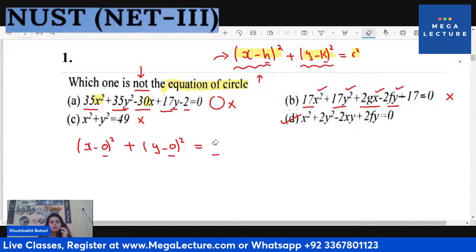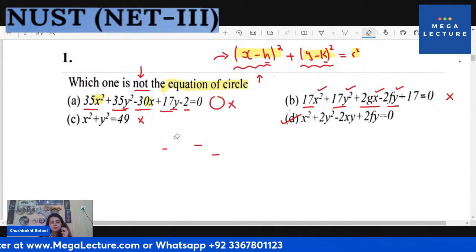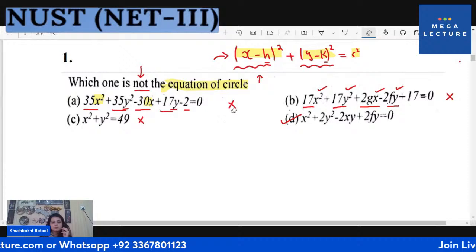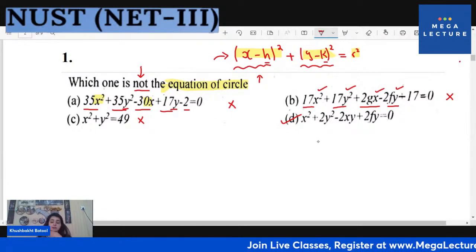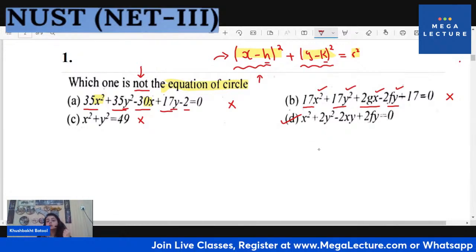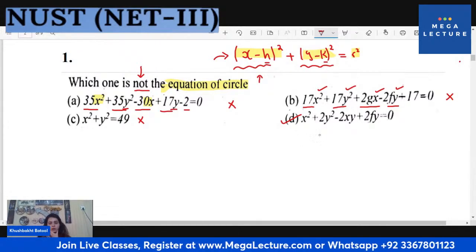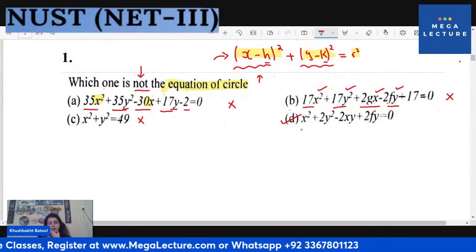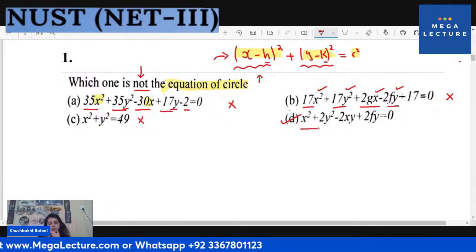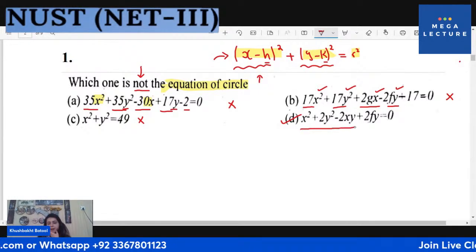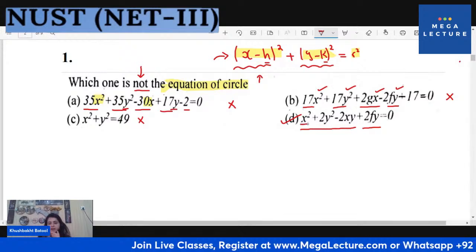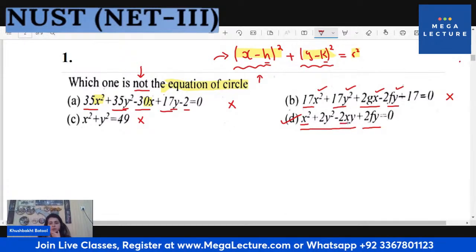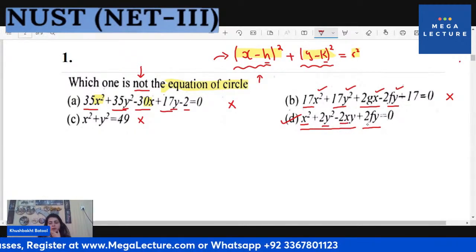So I will just erase all of this. Now, when we say D is the answer, why is D not the equation of a circle? Because it is x² + 2y² - 2xy + 2fy. Basically, the problem at hand is that we need an x² term and a term with x only, a y² term and a term with y only.